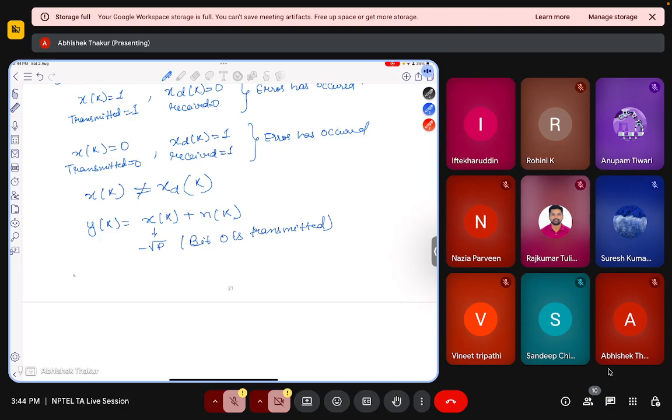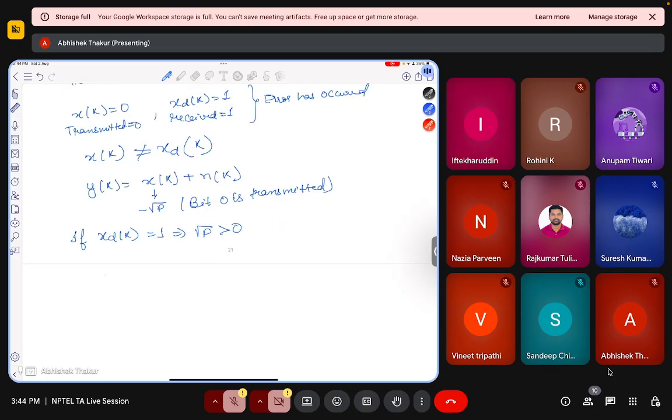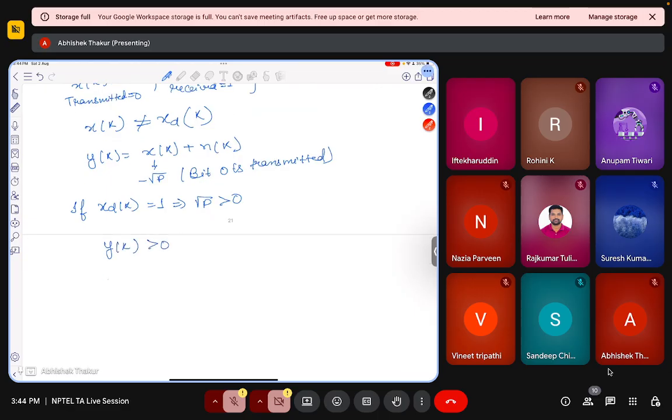For error to occur, if the decision made is 1, this means Yk is greater than 0. So error is occurring when square root of minus P plus Nk is greater than 0. The noise is greater than the transmitted symbol amplitude. In that case, error will occur.